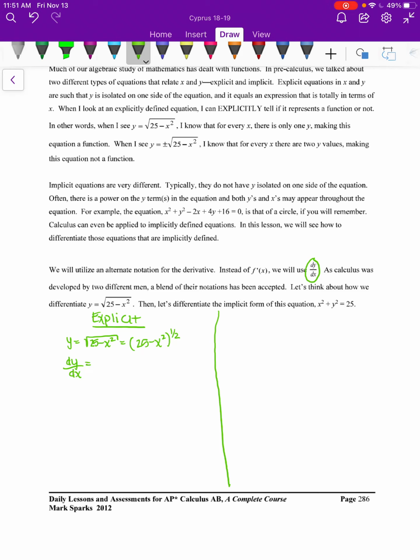The outside function is u to the 1/2, so the derivative is 1/2. And then remember, we plug in the same thing on the inside. And then we have to multiply by the derivative of the inside, which is negative 2x.